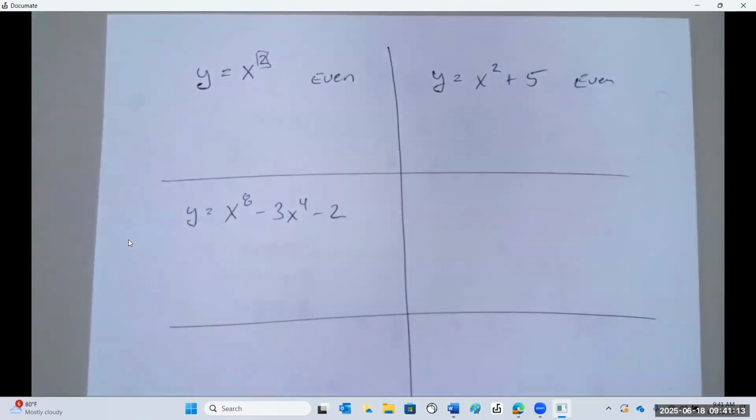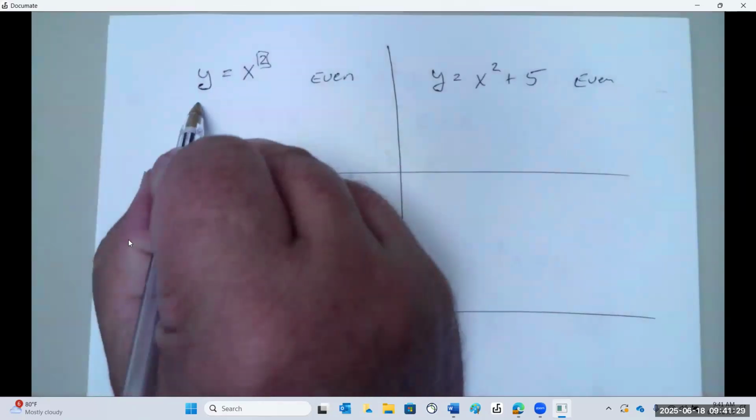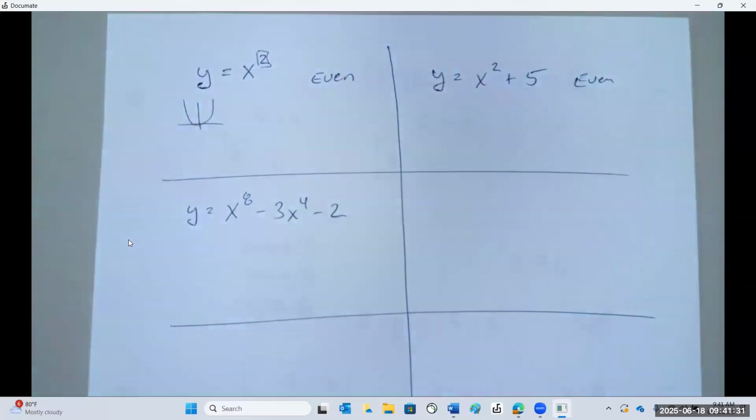Is that one odd or even or neither? It's no longer a parabola. A parabola is that. That's a parabola. X squared.